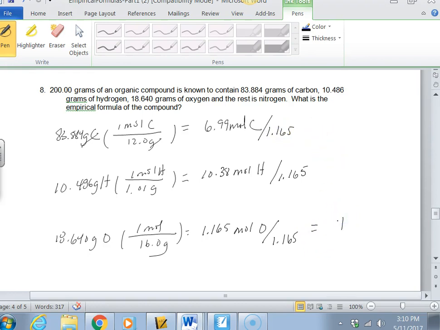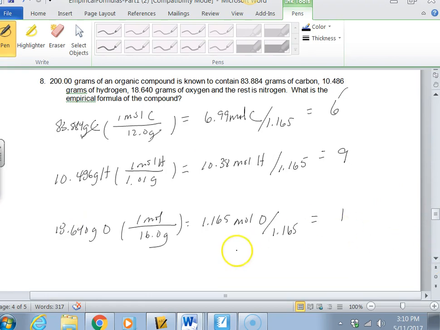So it's going to be 10.38 divided by 1.165. That's 8.9. We could probably say 9 there and get away with it. And 6.99 divided by 1.165 is exactly 6. So our ratio, we can't get any simpler than that, is C6H9O.